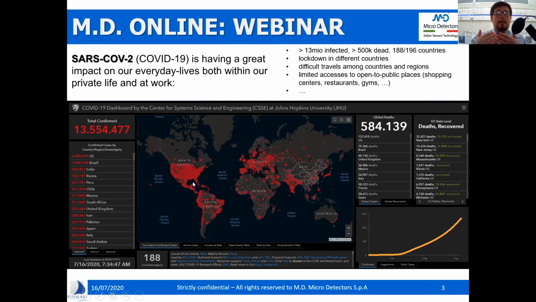Before starting, let's have a look at this tragic picture where it is possible to observe the global diffusion of the SARS-CoV-2 virus. In fact, about 188 countries in the world, out of a total number of 196 countries, have been affected by the diffusion of this terrible virus.